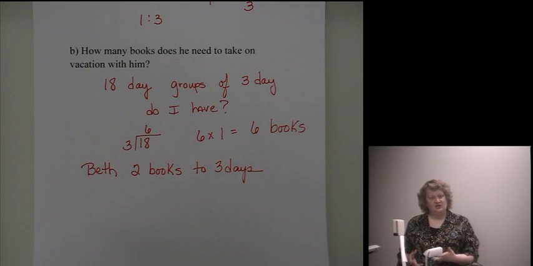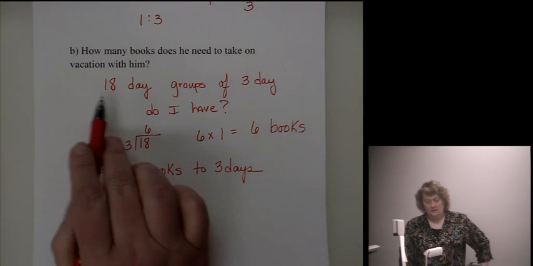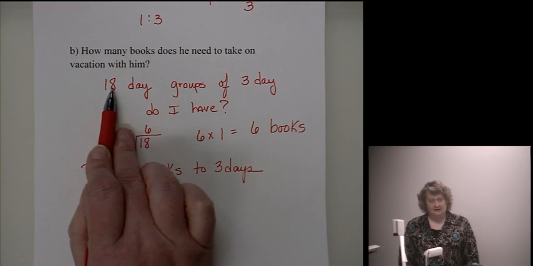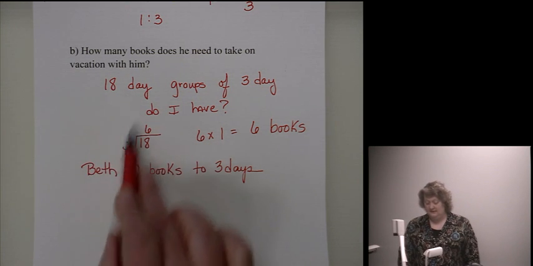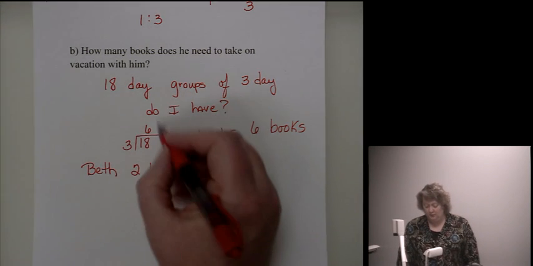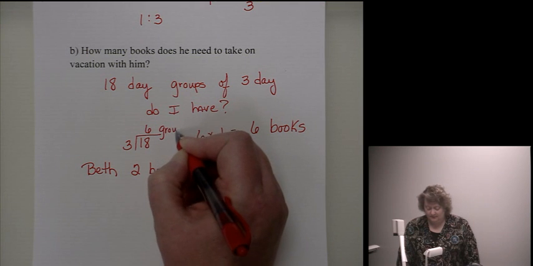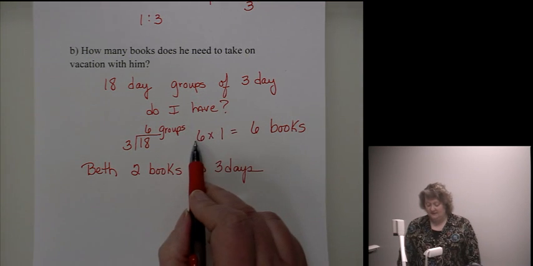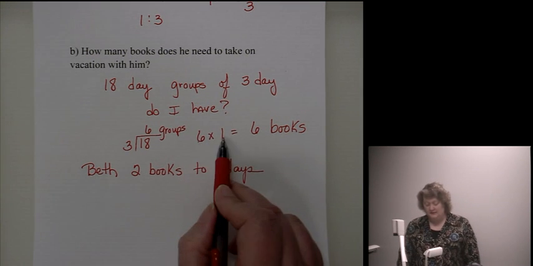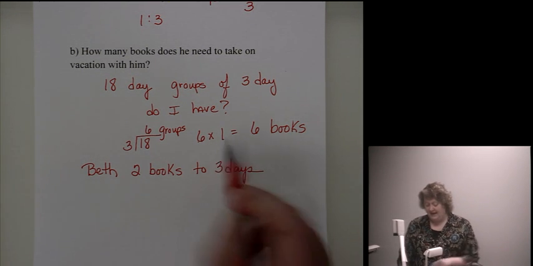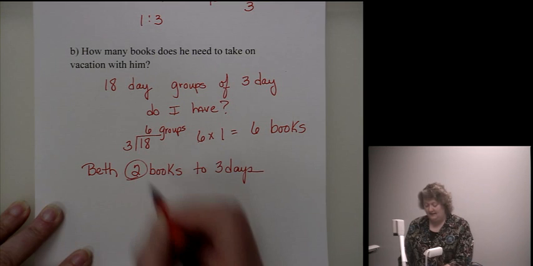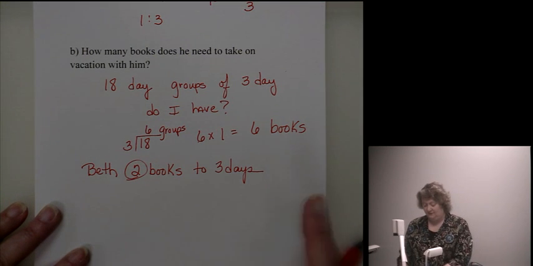Okay, how would that change the problem? Well, I would still have 18 days on my cruise. There would still be 6 groups, but instead of taking those 6 groups and multiplying it by 1 book per day, I would multiply mine, because I read 2 books in 3 days.